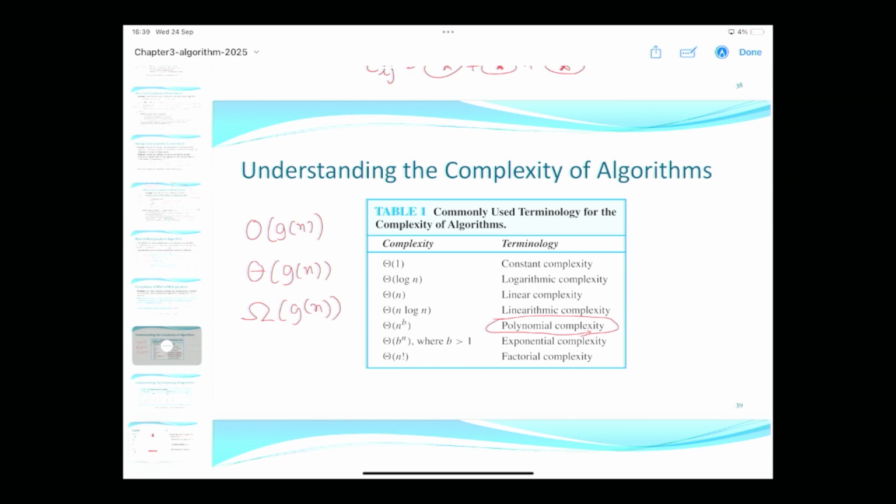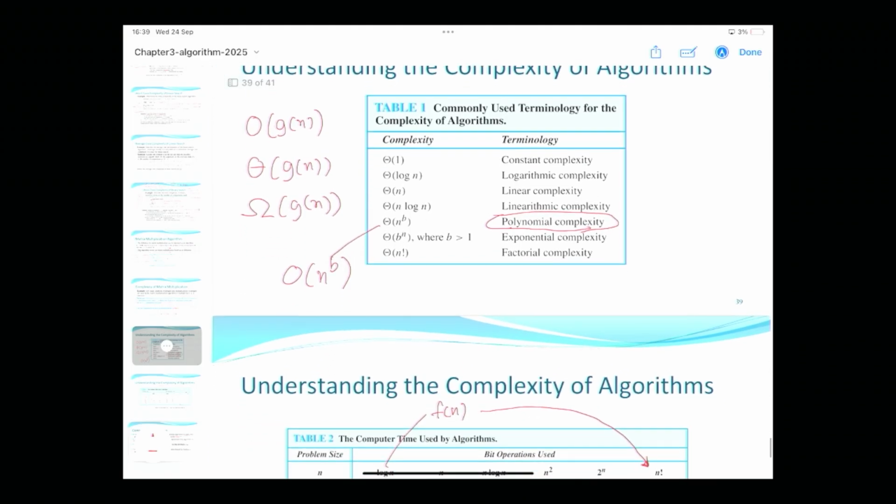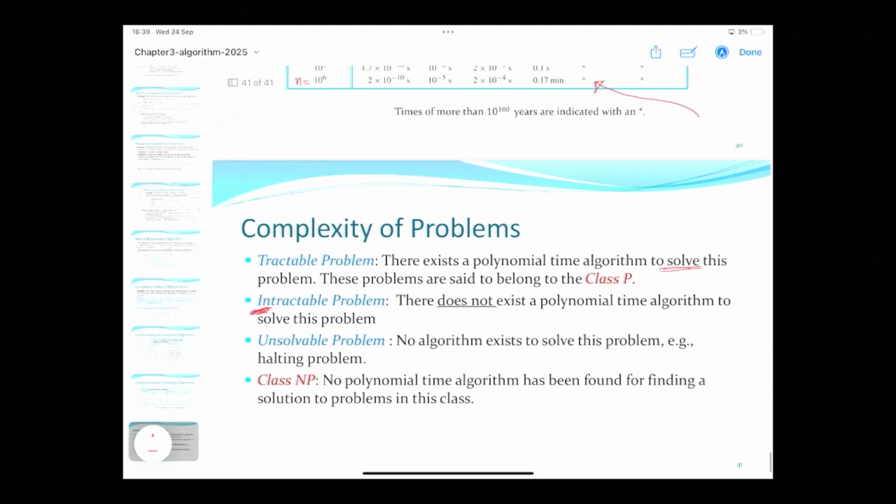But here, polynomial complexity is O(n^b), where b is a constant. If the complexity is larger than this, then the problem becomes intractable, which is different from unsolvable.